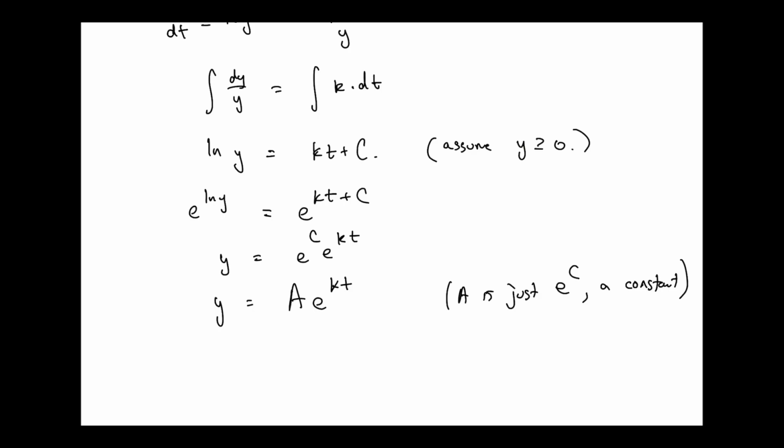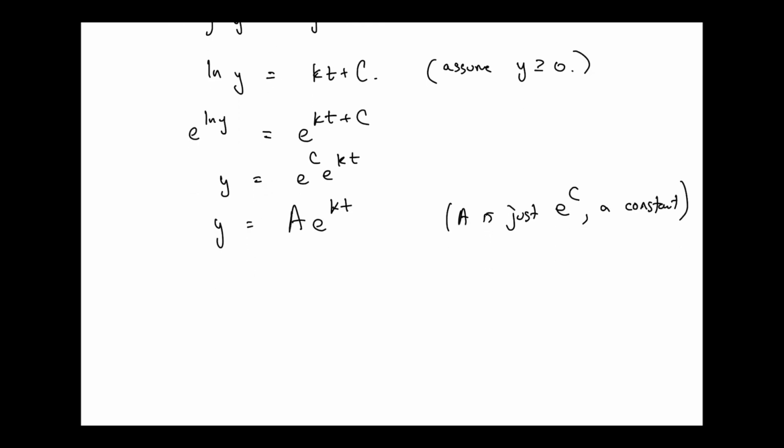Okay, now, how could we check whether or not our solution is correct? Yeah, we could differentiate this. So let's check. We think this is our solution. What's the derivative of y here?